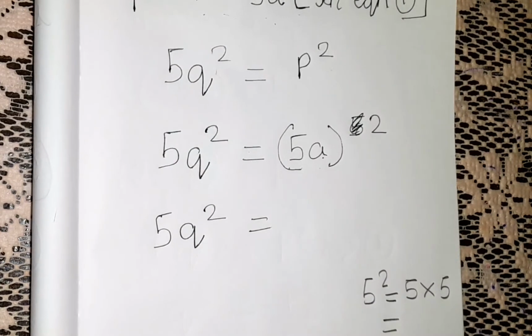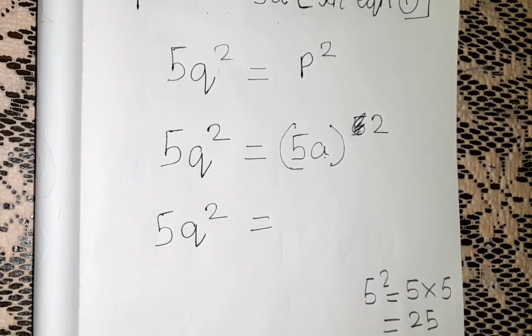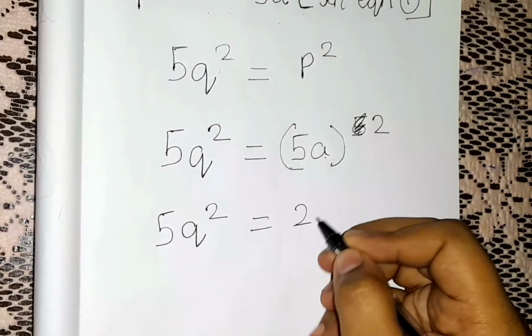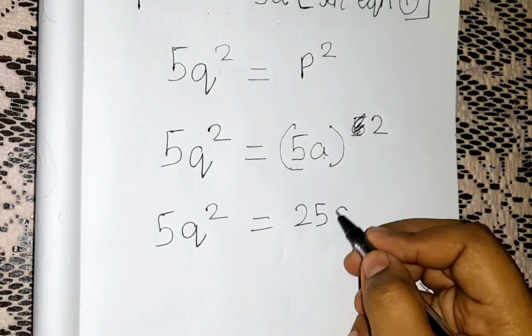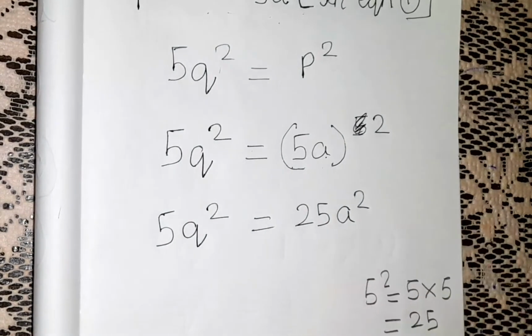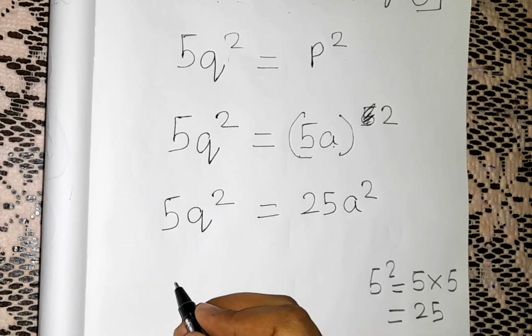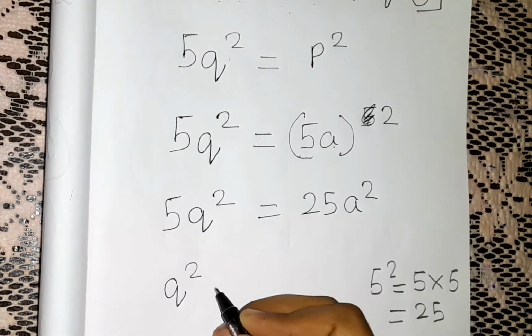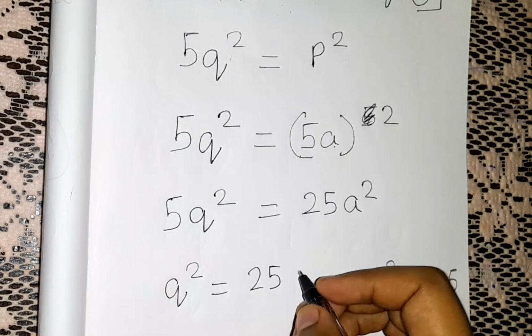So the square belongs to a, that means it is a square. So now let's write 5q square is equal to 25a square.